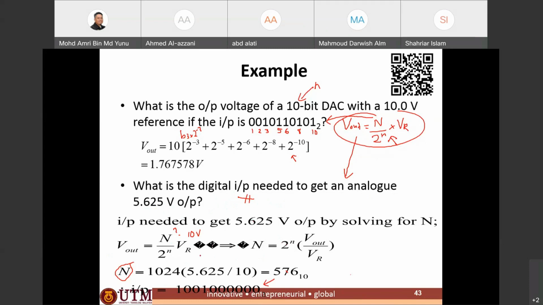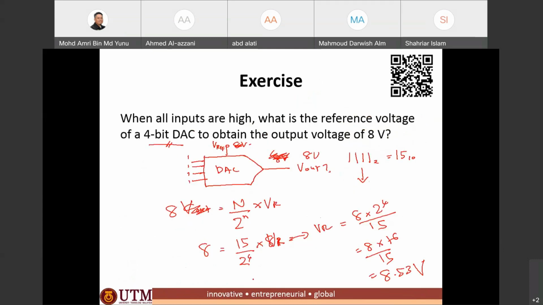We get the decimal value 576, and then the equivalent binary value is 1001000000. So this is an exercise.